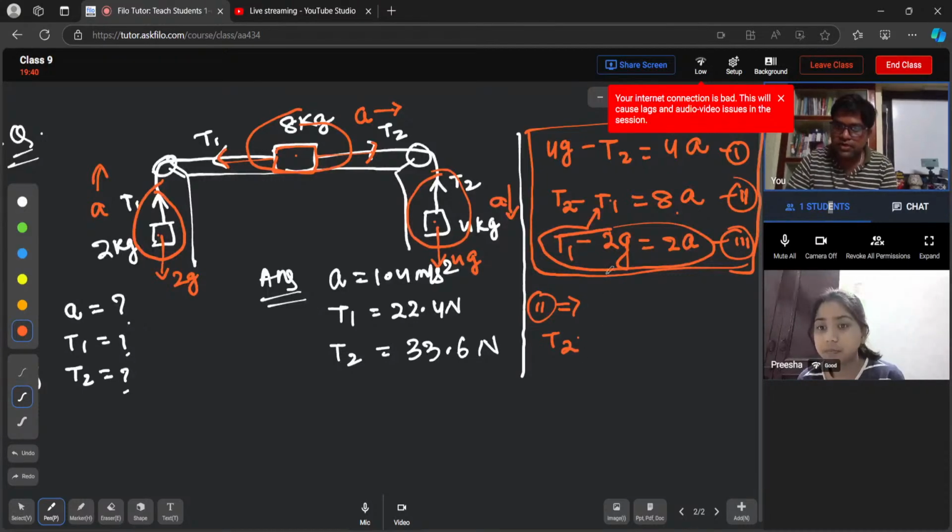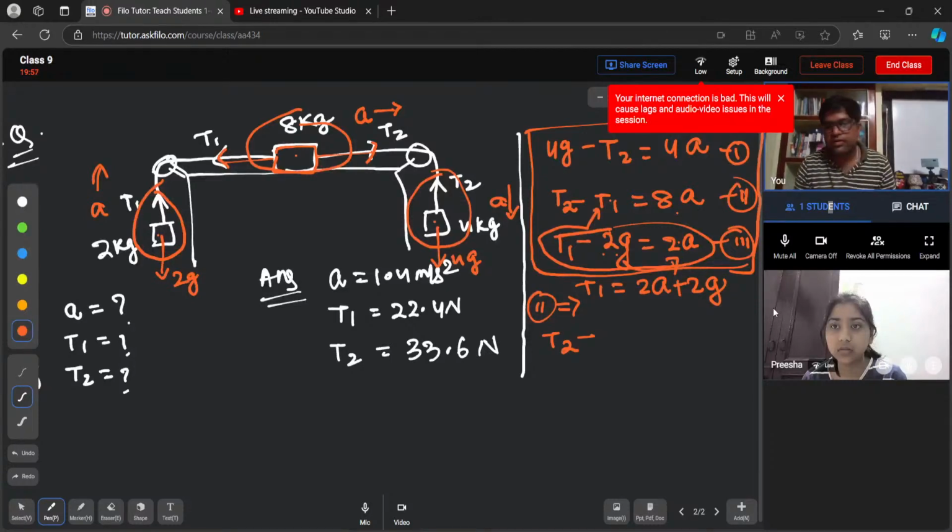Okay, so putting the value of T1 in equation 2, then equation 2 implies T2 minus, in place of T1 what I'll write, T1 will become 2g will come to the right side, so 2a plus 2g. T1 is 2a plus 2g. So T2 minus (2a plus 2g) equal to 8a.